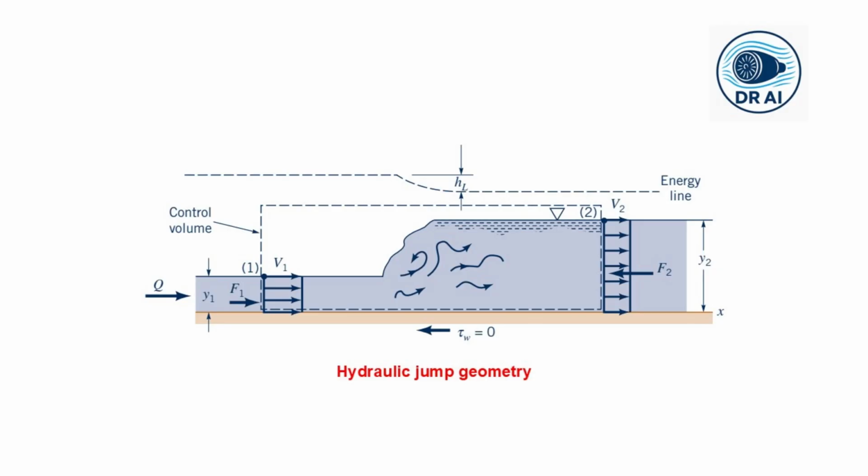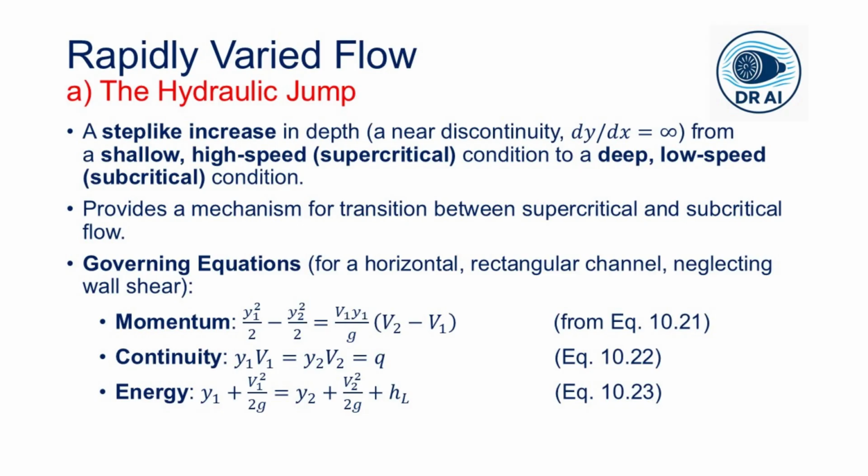If we remember that the pressure is hydrostatic, the force on the vertical face can be represented as gamma times the depth of the centroid multiplied by the area, but for the rectangular channel, that's half of gamma multiplied by y squared multiplied by b. We can then write the momentum equation and simplify it by using gamma equal to rho g and cancelling the common terms in this equation.